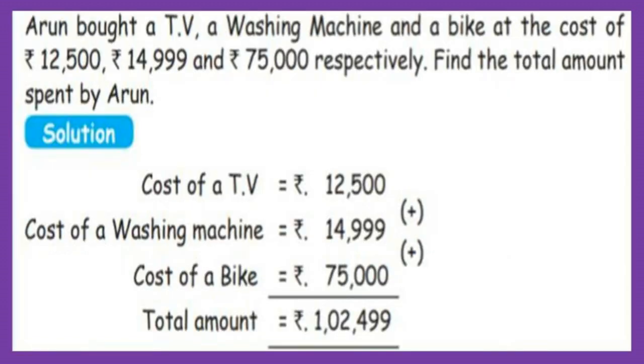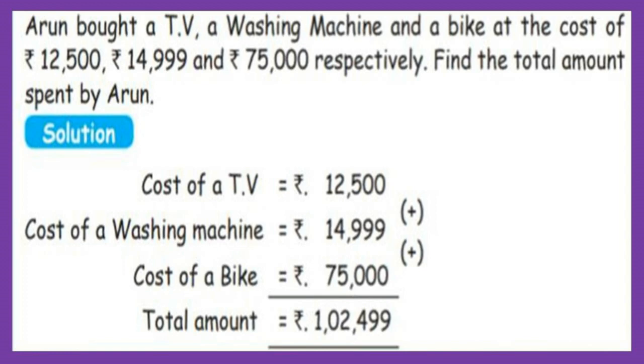Arun bought a TV, a washing machine and a bike. He bought three things: TV cost is rupees 12,500, washing machine cost is rupees 14,999 and the bike cost is 75,000. Let us see the solution. We are going to find out the total amount spent by Arun.